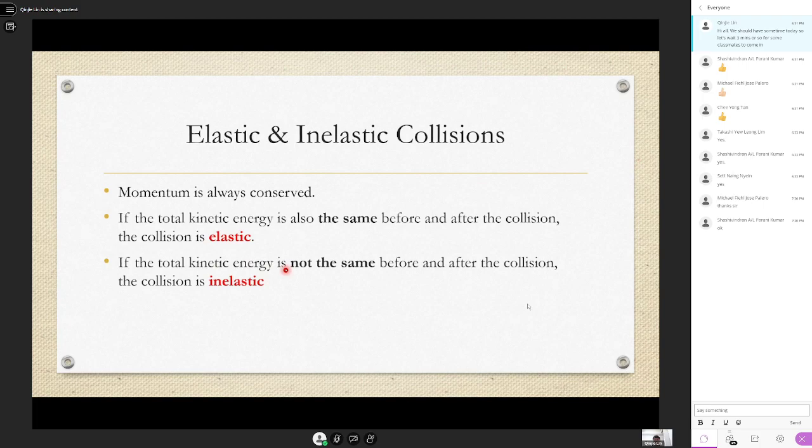But if the total kinetic energy is not the same, we say it is an inelastic collision. Imagine two balls knocking into each other, two particles with some kinetic energy at the start. After collision, if the total kinetic energy they both have is lower than the initial value, then that one is inelastic. As long as it's not the same, it's inelastic.